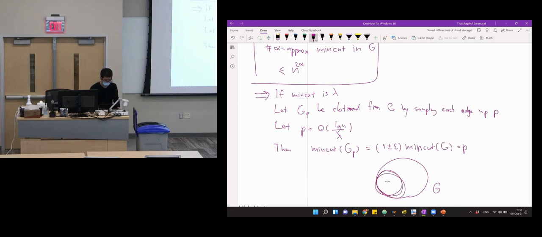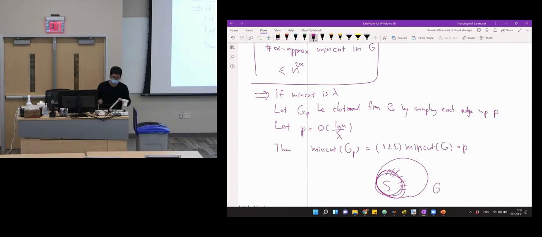Then if you look at any cut S, the cut size crossing S in G_p, in expectation, would just be the cut size in G times p. So this is trivial in expectation. But now, can we say that the cut size really concentrates around its expectation?